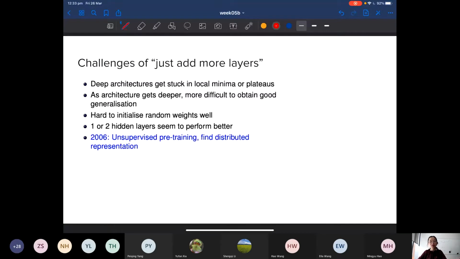It's because deep architectures are harder to train than just a two-layer network. The issues include that they get stuck in local minima and plateaus. It's also observed that it's hard to obtain good generalization performance and hard to initialize random weights.